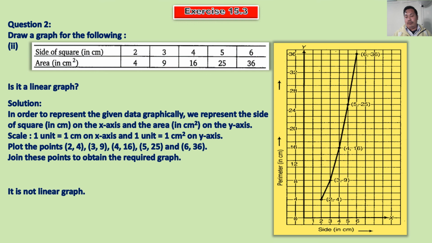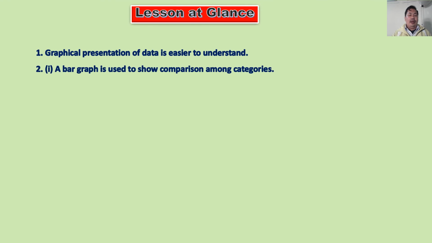Okay, so before we go, let us see the lesson at a glance. What we have studied, let us see it briefly. The presentation of data is easier to understand. Why we need graphs is that we can understand the given information more easily. Then a bar graph, you know what a bar graph is? A bar graph is used to show comparison among categories.